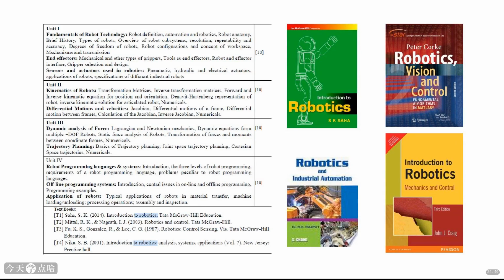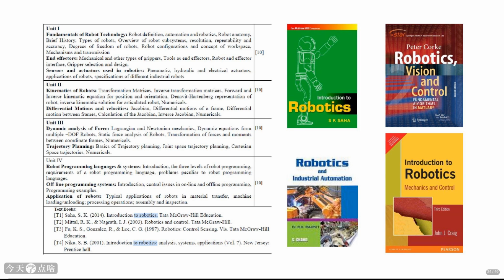Here's a quick overview of the course structure. Unit 1 covers the fundamentals: what robots are, their history, types, key concepts like resolution, repeatability, accuracy, degrees of freedom, workspace, and the basics of end effectors and actuators. Unit 2 dives deep into kinematics, transformation matrices, forward and inverse kinematics, the Denavit-Hartenberg convention, and the Jacobian matrix.